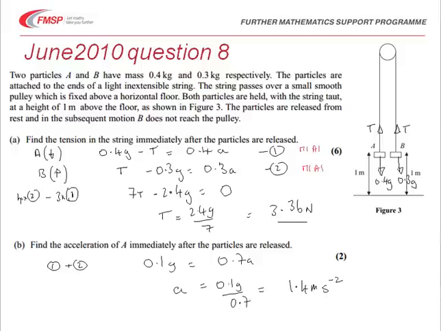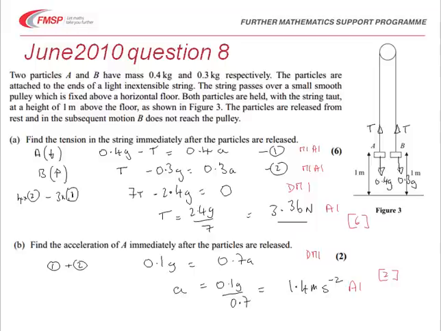And then, dependent on getting that correct, what's called a DM mark, dependent on that method, you get another method mark for eliminating a, and finally an A mark for getting the correct value for T. In part B of the question, there's another DM1 mark, dependent on those two equations again at the top, and then an A mark. So 6 marks for part A and 2 marks for part B.